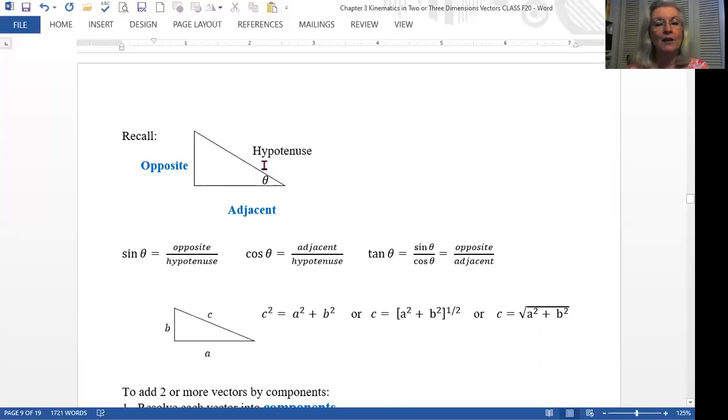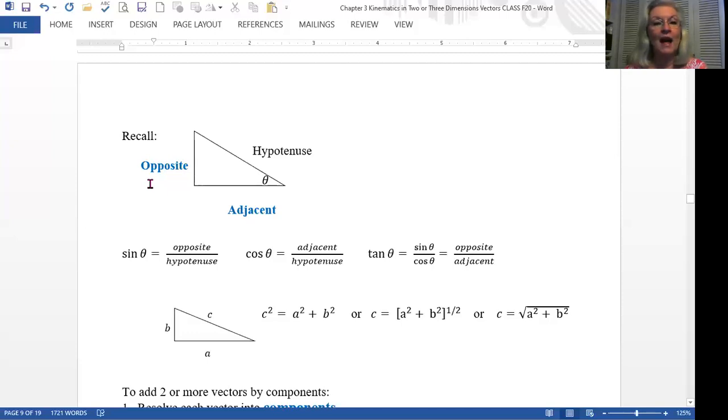If we pick theta to be this little angle in the right-hand corner, then the side opposite that is over here. So that's the opposite side. The one that's not the longest side and not opposite, but just next to the angle, is the adjacent side. So adjacent is the side next to the angle, opposite is the one directly across.